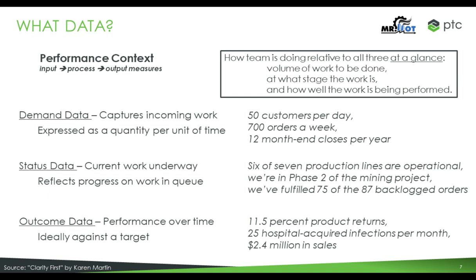But in essence, it's breaking it down into three separate categories of data: demand data of the work that's coming in from your customers and how that affects your schedule, for example, the status data of what's going on underway right now and where's our capacity, or where are we having issues with machines or people or anybody, and the outcome data, which is hour by hour.